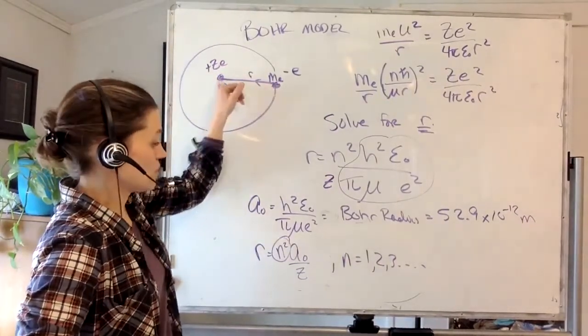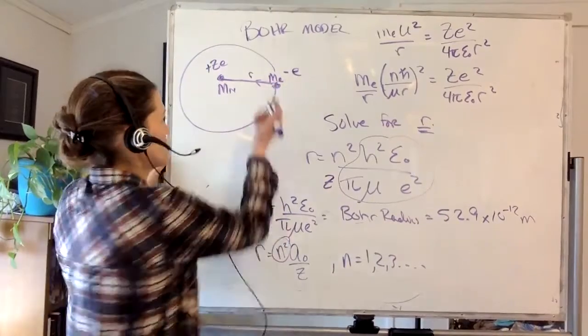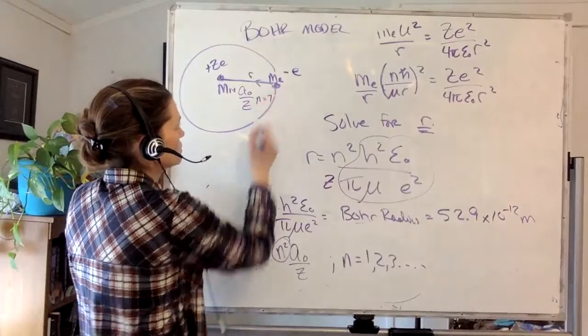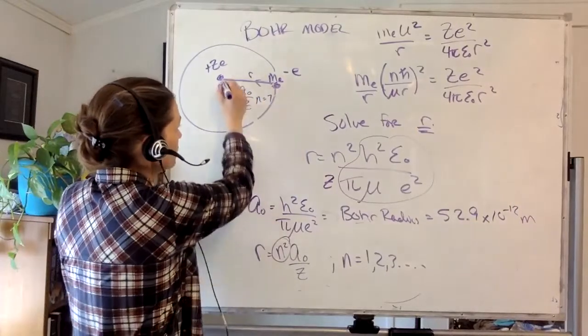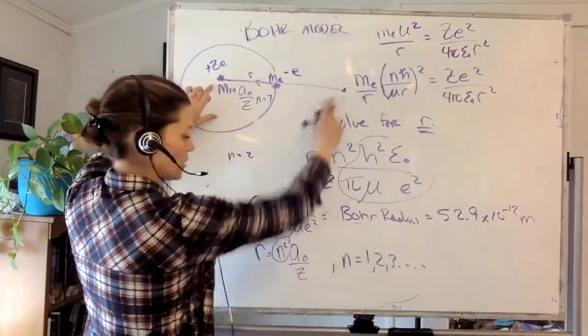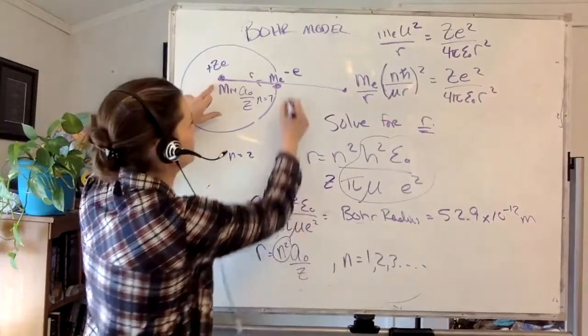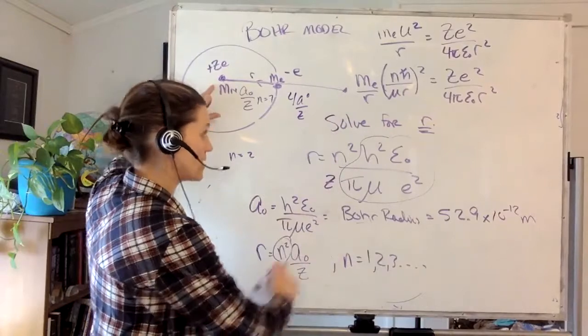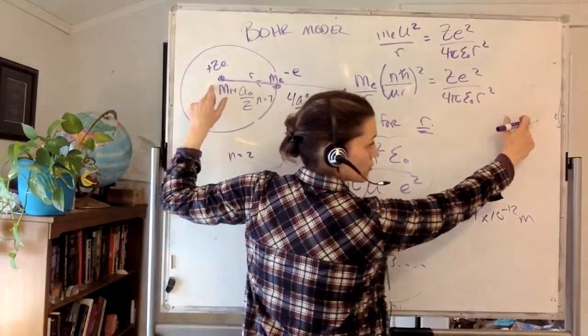For n equals 1, it is a0 over Z. For n equals 2, this distance would be 4 a0 over Z. For 3, it would be 9 a0 over Z.